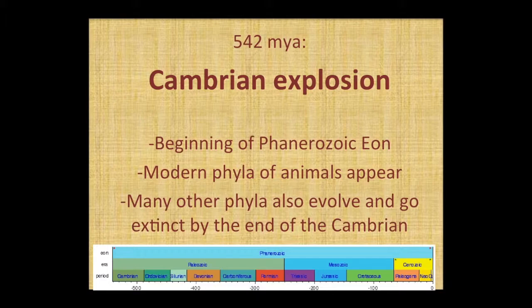You have, concurrent with the Ediacaran vendibionts, what's called the small shelly fauna, which definitely seems to be related to us. The Cambrian explosion is the beginning of the Phanerozoic Eon, so sort of the eon of life. The modern phyla of animals appear. A whole bunch of other phyla also appear, but go extinct by the end of the Cambrian, or certainly into the Ordovician, the next time period.